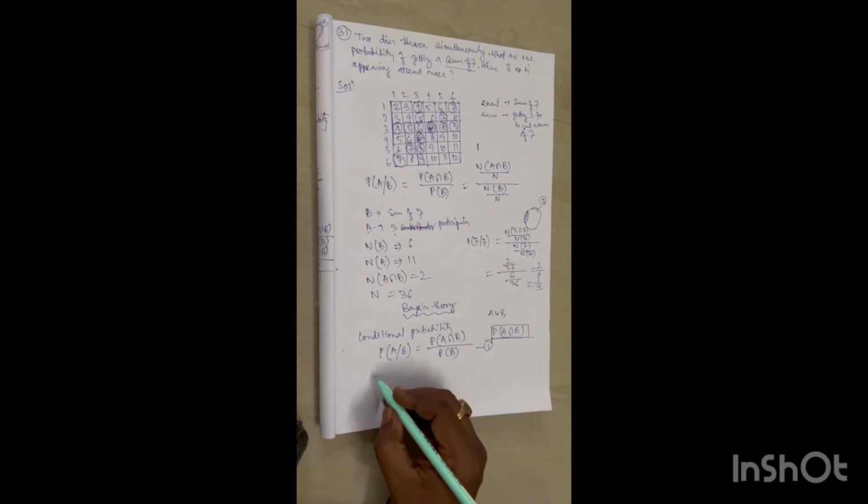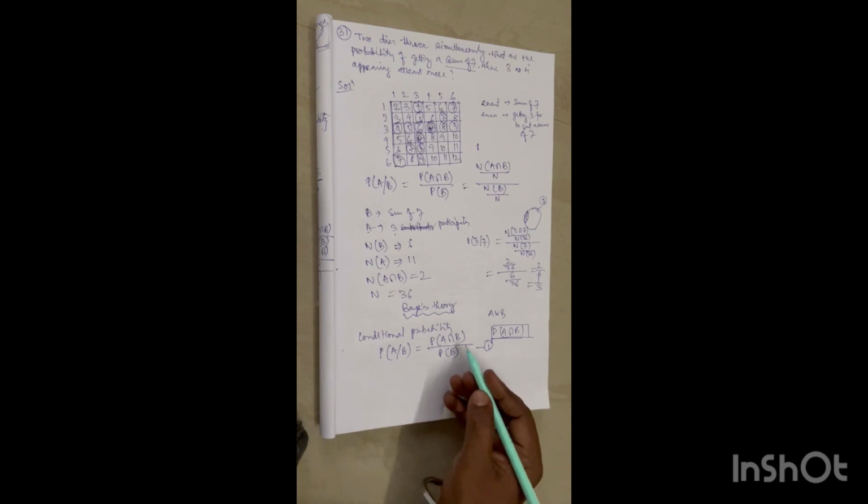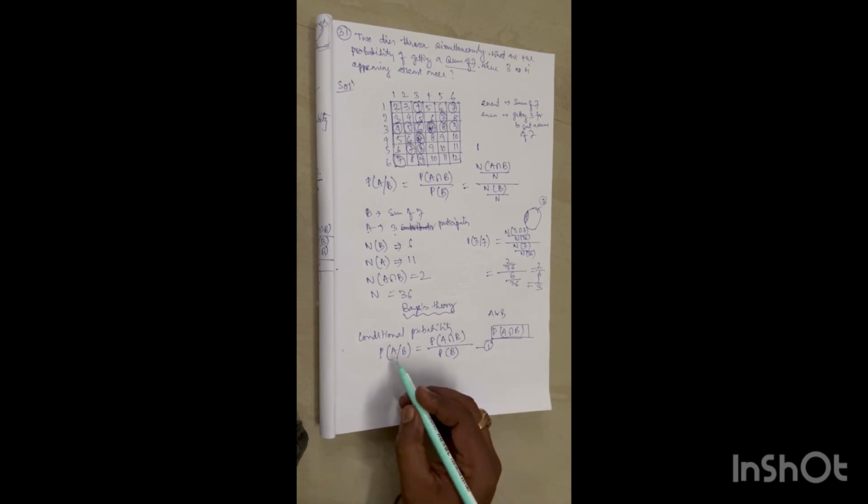Now what he has done is simply reverse the equation by replacing A with B and B with A. If we do that, our equation will stand like this, with B intersect A and P(A). So I am just replacing A with B and B with A.